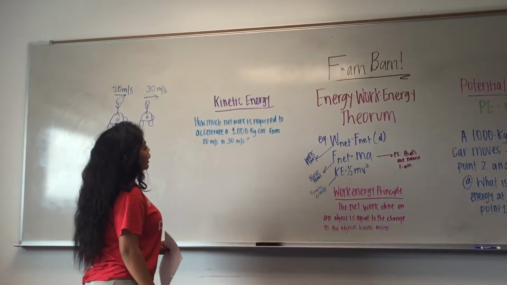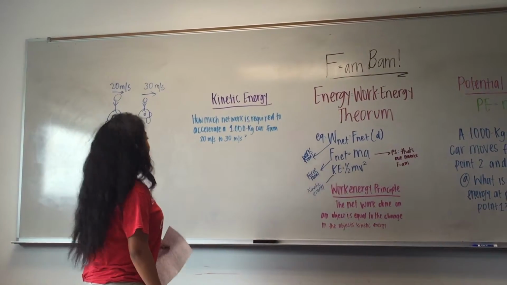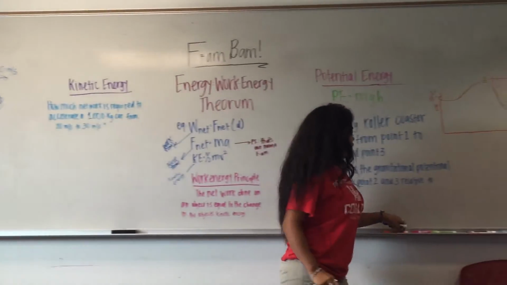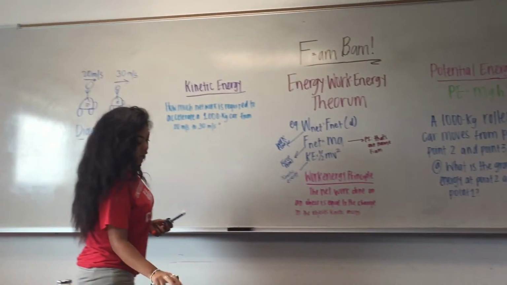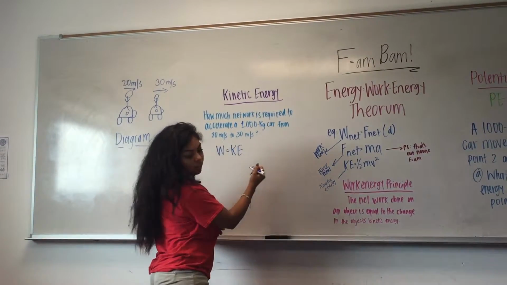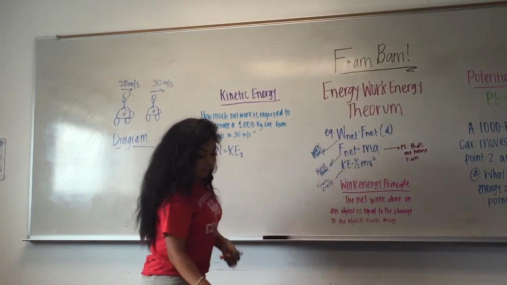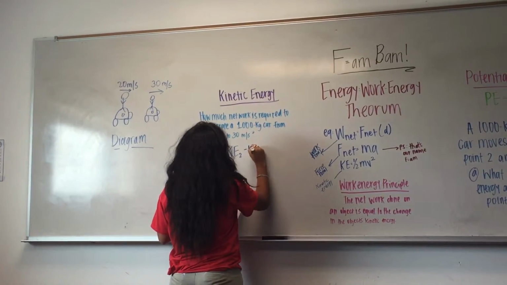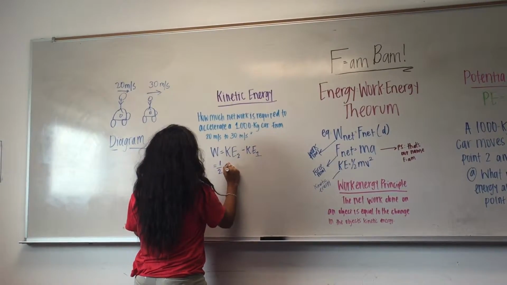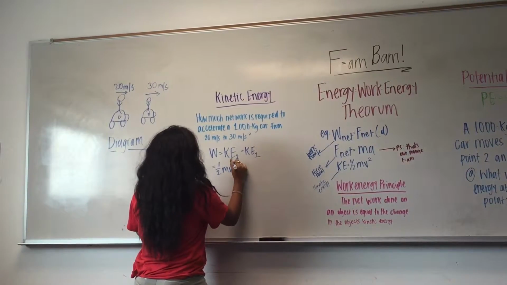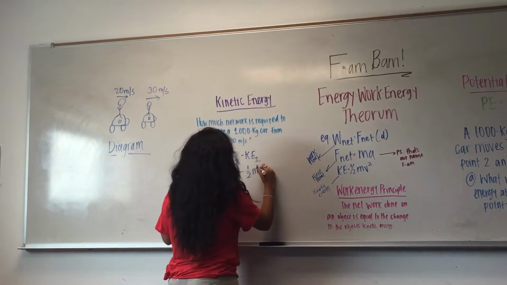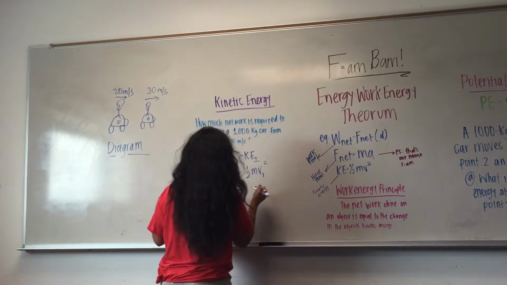The question is, how much net work is required to accelerate a 1,000 kilogram car from 20 meters per second to 30 meters per second? In order to do this one, we have to use W equals the change in KE, which is KE2 minus KE1, which equals 1/2 mass times velocity 2 squared minus 1/2 mass times velocity 1 squared.